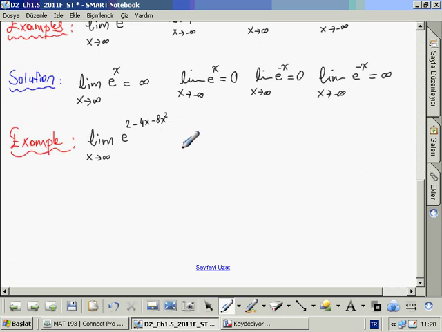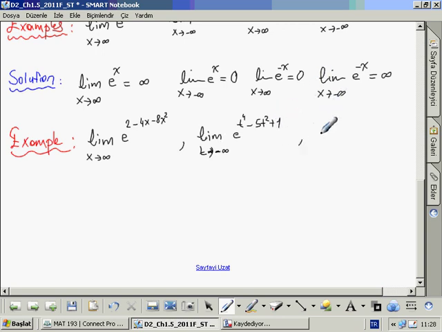And another one, limit as t goes to minus infinity of e to the power of t to the 4 minus 5 times t squared plus 1.